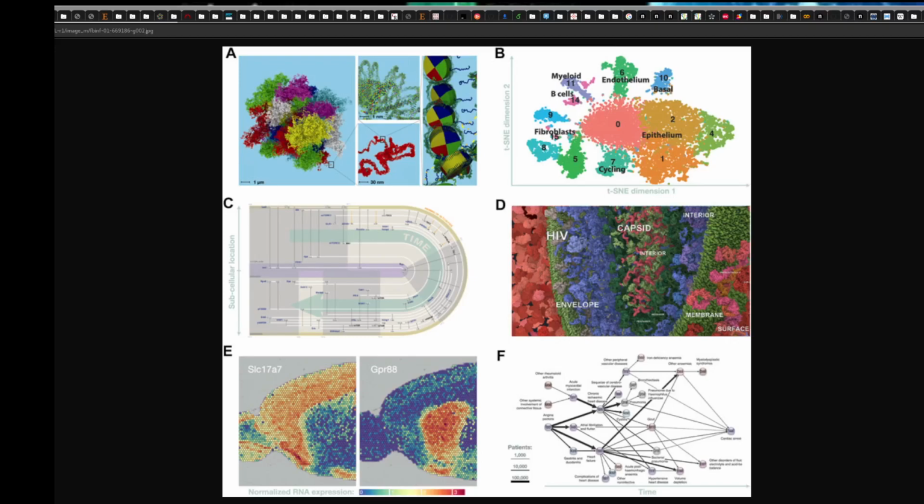Section Data Visualization, Volume 1, 2021. Grand Challenges in Bioinformatics Data Visualization.